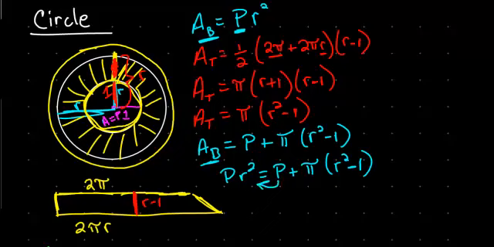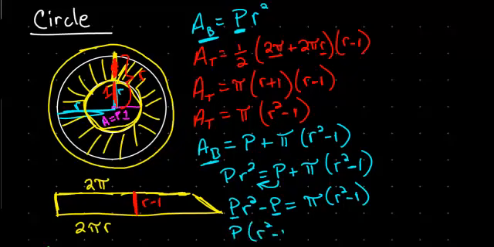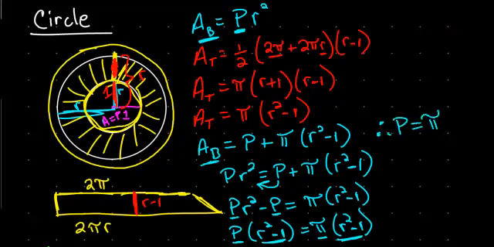Subtract P from both sides and get P r squared minus P equals pi times r squared minus 1. And factor out the P and get P times r squared minus 1 equals pi times r squared minus 1. Well, something times r squared minus 1 equals something times r squared minus 1. Those two things must be equal. Therefore, P equals pi. And then up here, that's going to give us that the area of a circle of radius r equals pi r squared.